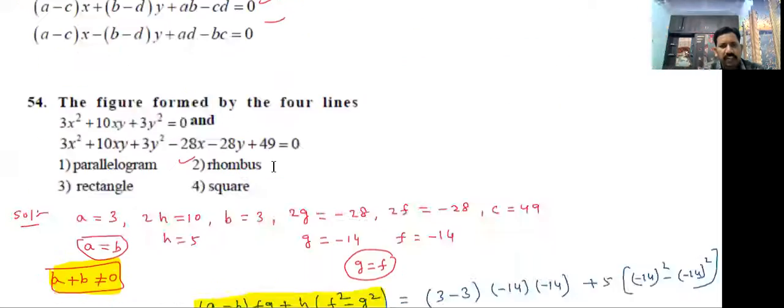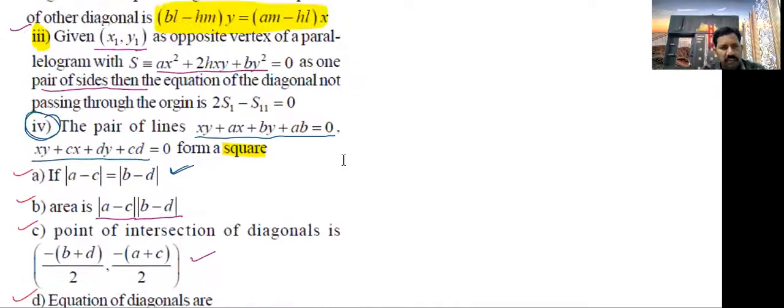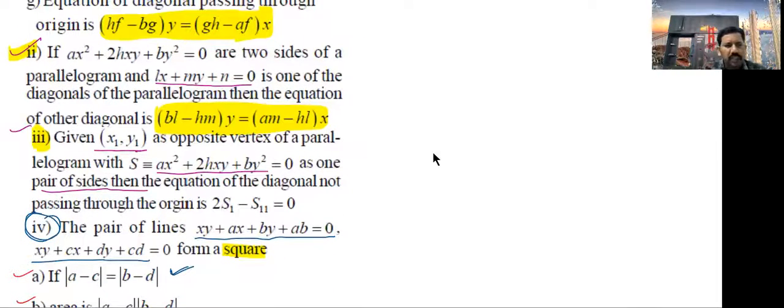Just now I gave the concept. See that, the second point: ax² + 2hxy + by² = 0 are two sides of a parallelogram, and lx + my + n = 0 is one of the diagonals of the parallelogram.